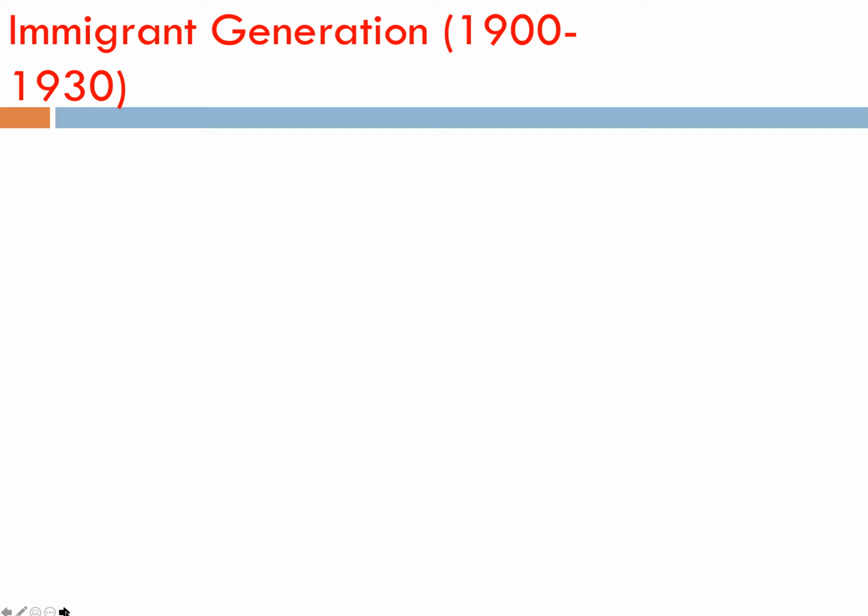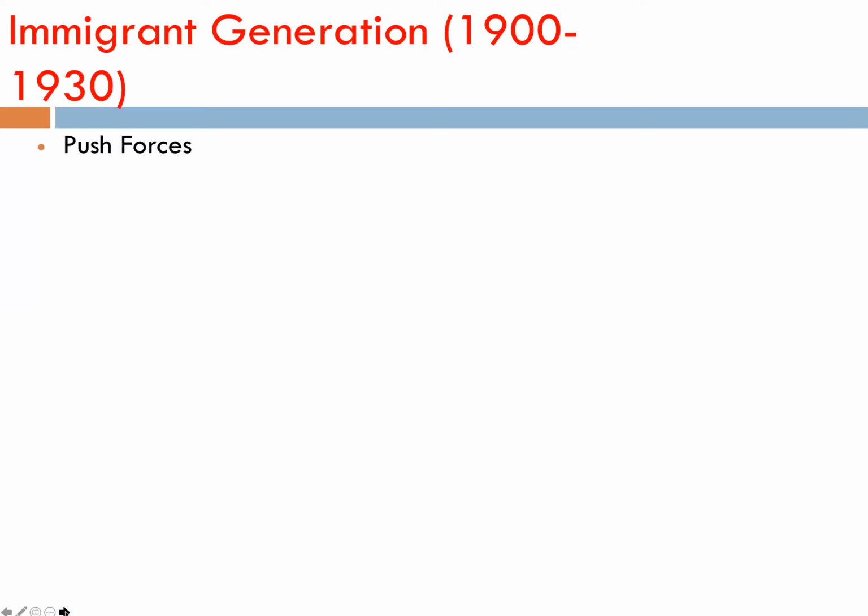So a lot of times when we think of Mexicans, we think that they recently arrived, and we find that that's incorrect. Not only have they been here because this used to be part of Mexico, but around the 1900s they began to come in larger numbers because of some of the same reasons that Italians were coming over. So that's why Chicano historians have defined this period as the immigrant generation.